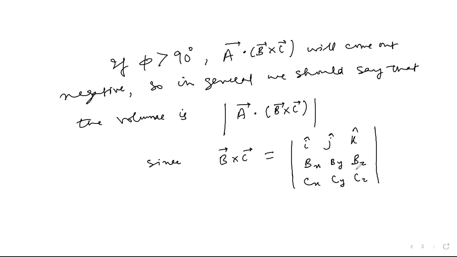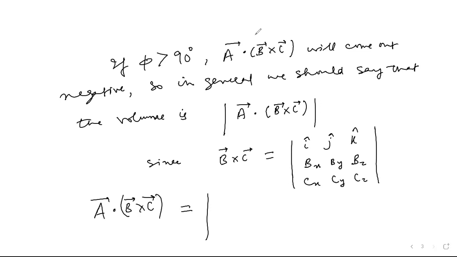So this is the determinant. We can write this triple scalar product as a determinant. A dot B cross C can be written in determinant form in terms of components.